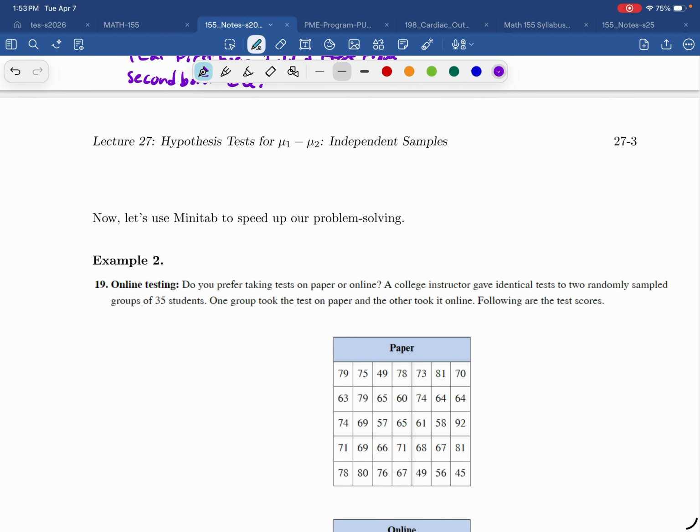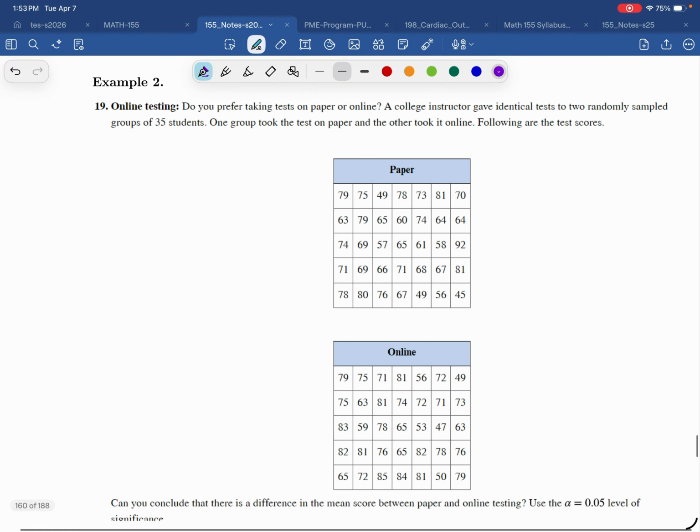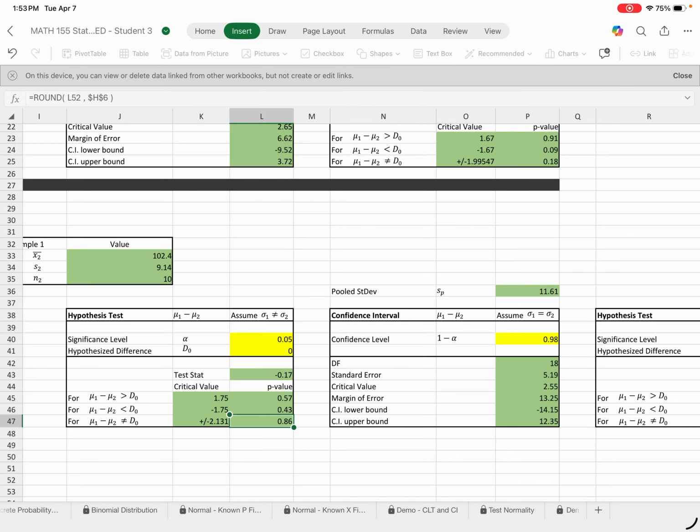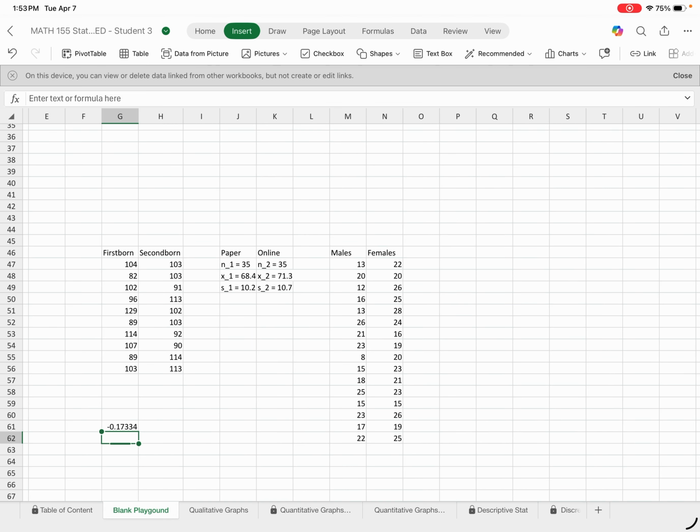Now, we're just going to use Excel from now on. So anyway, we have this online testing thing. Remember, we did this with confidence intervals. I went ahead and copied the summary statistics from that over here. So I'll just go ahead and enter this in.